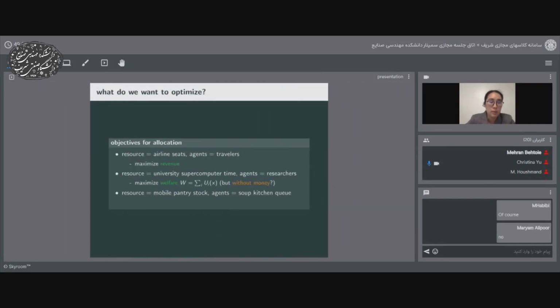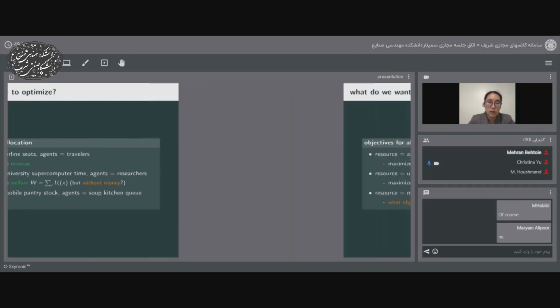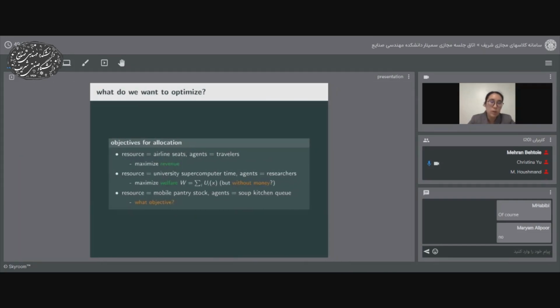In our setting today, we're going to look at a very different kind of objective. Our resource is going to be the mobile pantry stock of food, and the agents are going to be the individuals that arrive to the soup kitchen queue. And our goal here, you can ask, what is the right objective? Here you're not trying to maximize revenue.